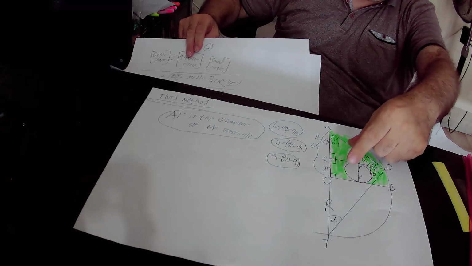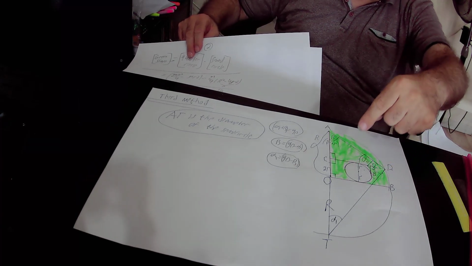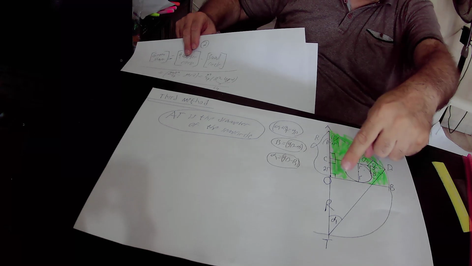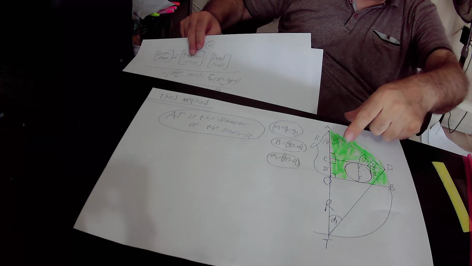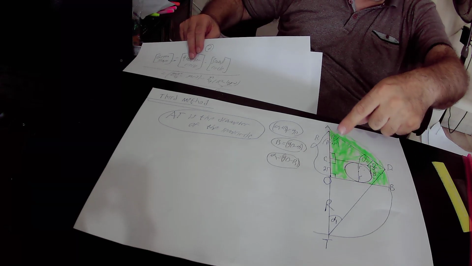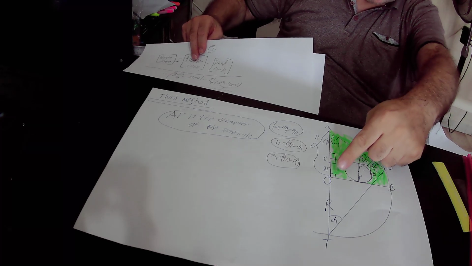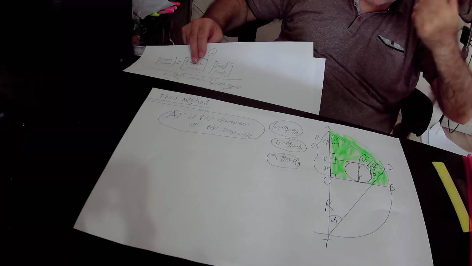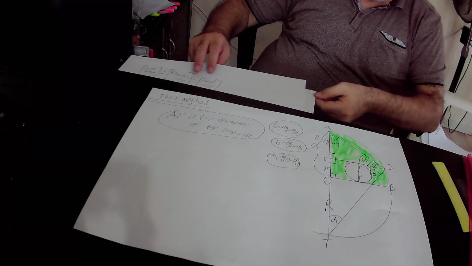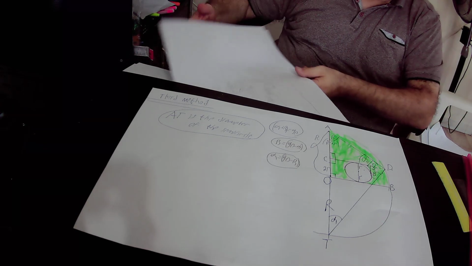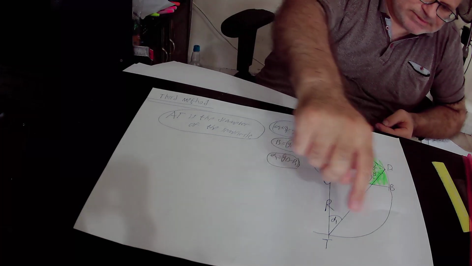We've already found out that CO equals 2R, that AO equals capital R, and we found out in the second method that AC equals capital R minus 2R. This angle equals 90 degrees, and this angle equals 90 degrees, according to what we have already found out. Then we extended the quarter circle to a semicircle.